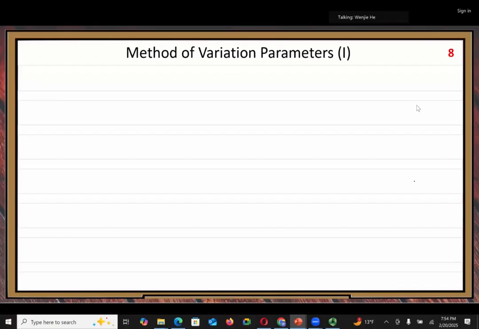But for this one, from the name of the method, variation of parameters, the parameters, the coefficient part, are functions. They can vary. So this time we need to determine those functions used as coefficients.